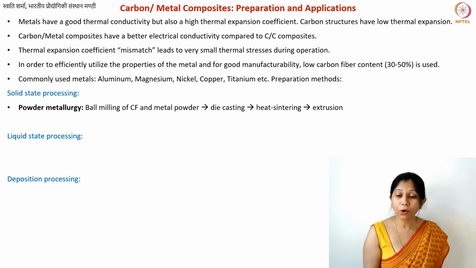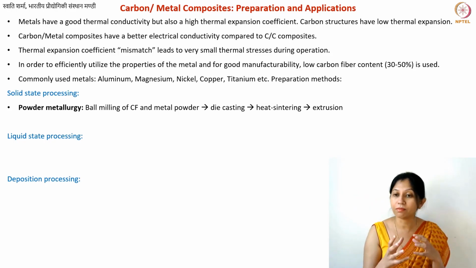Okay. What you do is you take carbon fibers, and in this particular case, chopped fibers or short fibers. They can be vapor grown or they can be spun and then chopped. Okay, you take these fibers and then you perform ball milling. Simple standard ball milling. You mix metal powder and you mix your carbon fiber.